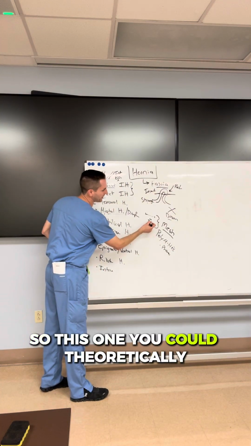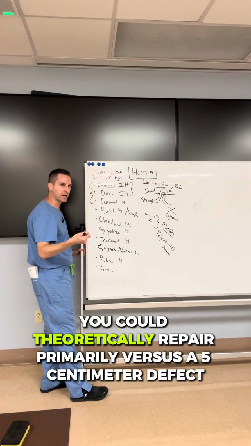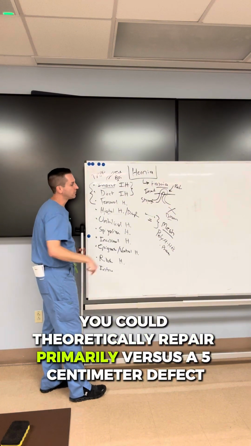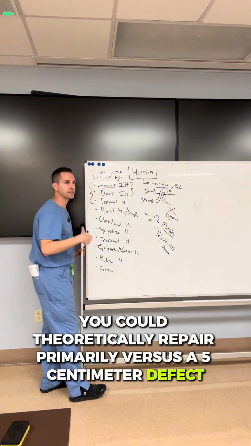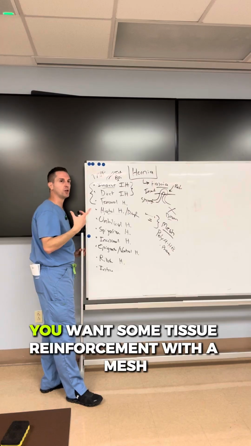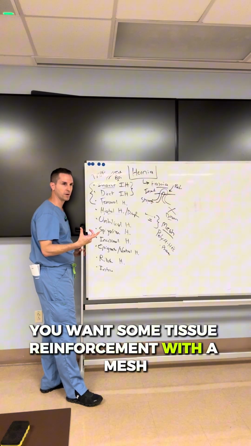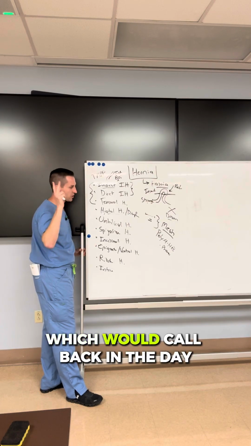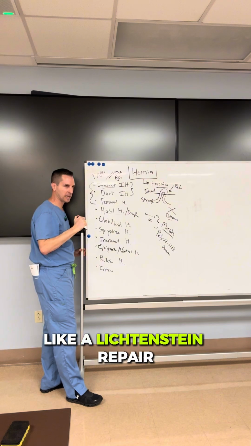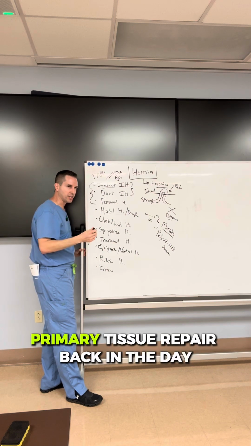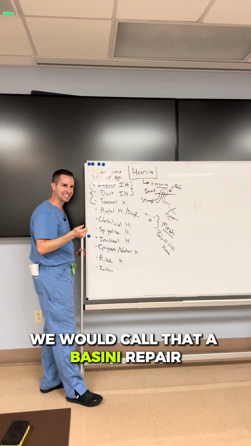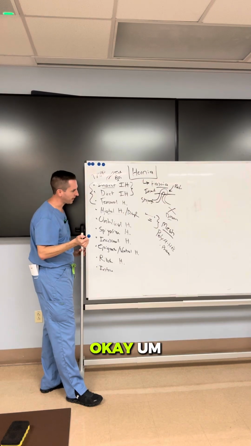So this one, a centimeter, you could theoretically repair primarily versus a 5-centimeter defect. Now we're talking bigger. You want some tissue reinforcement with a mesh, which was called back in the day a Lichtenstein repair. Primary tissue repair back in the day, we would call that a Bassini repair, okay?